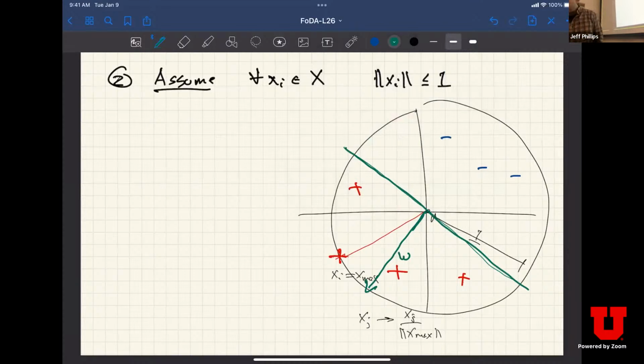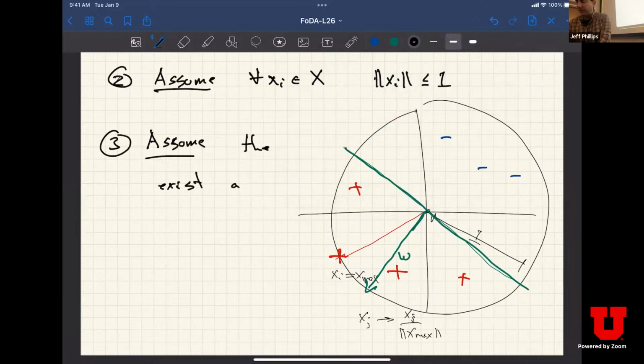The third one, and this one is not always true, is that you assume that there exists a perfect classifier.